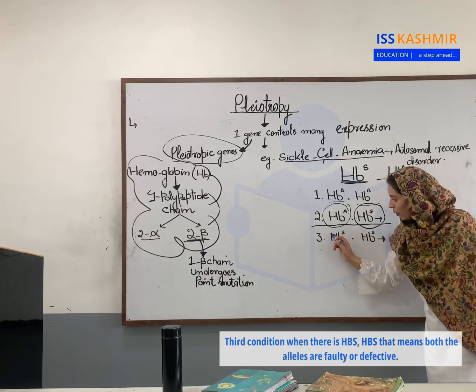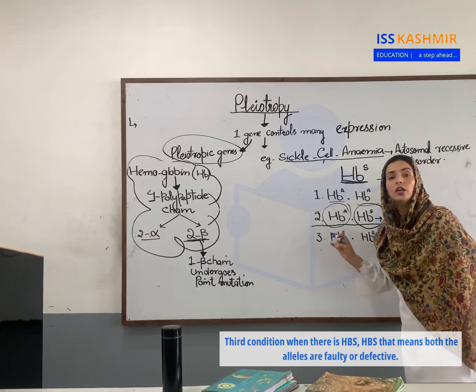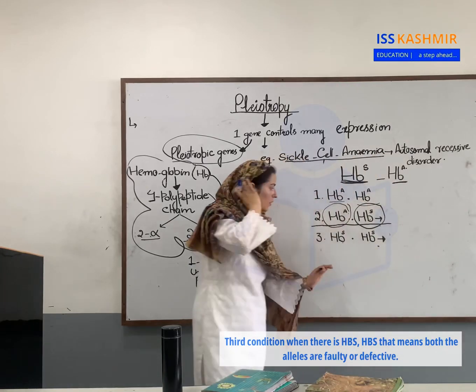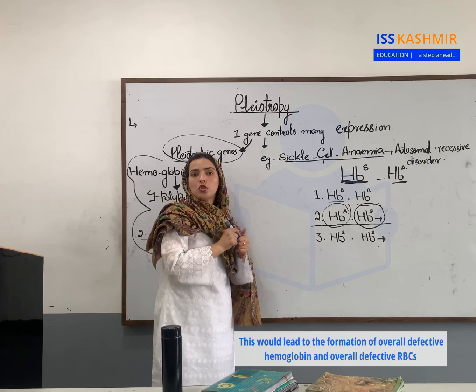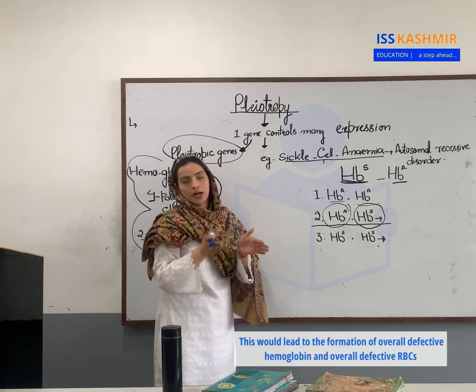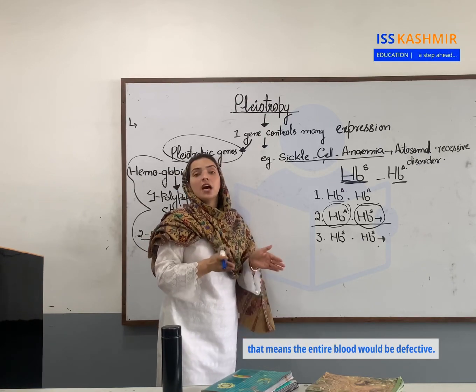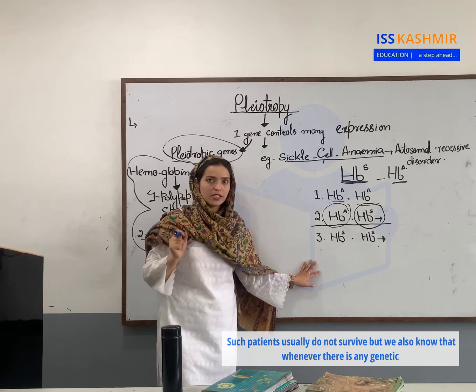Third condition, when there is HBS, HBS, that means both the alleles are faulty or defective. This would lead to the formation of overall defective hemoglobin and overall defective RBCs. That means the entire blood would be defective. Such patients usually do not survive.